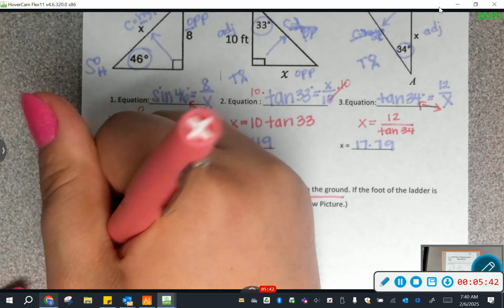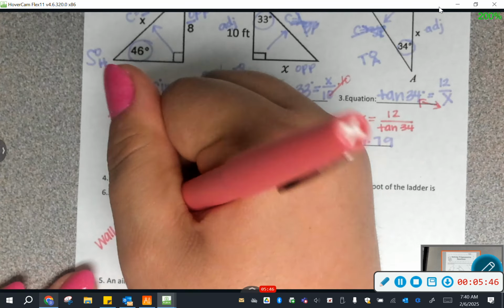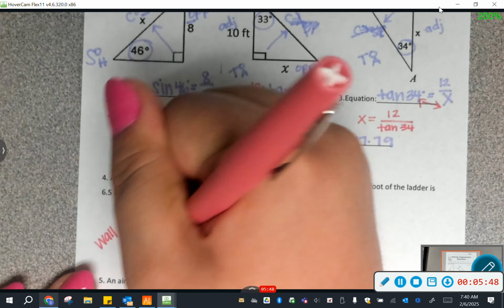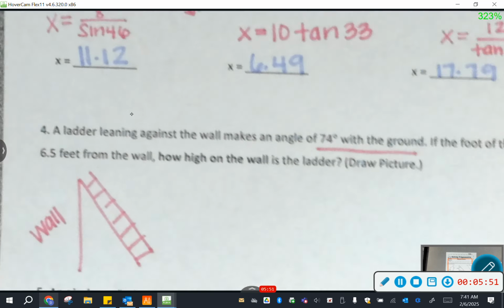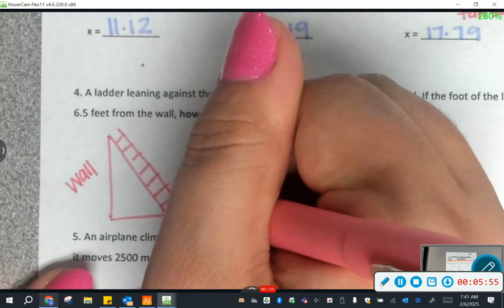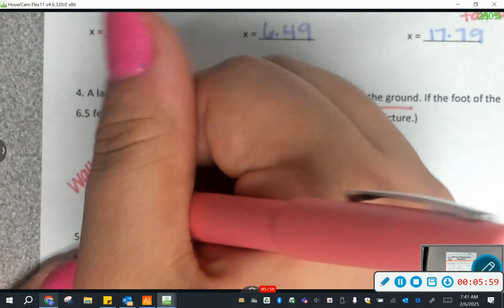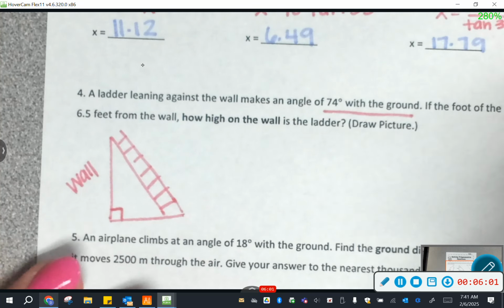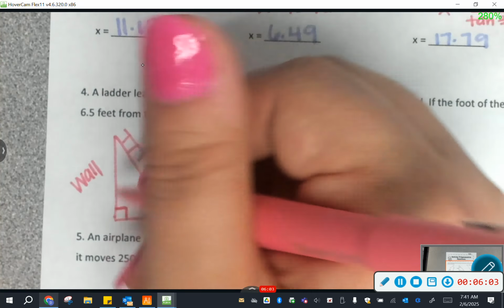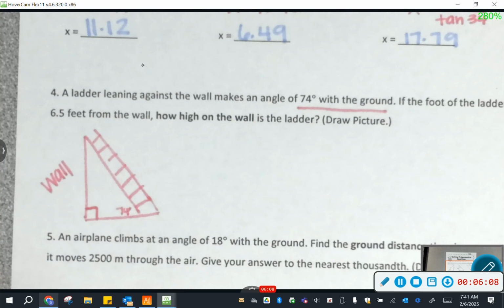So here's my wall, and here's my ladder leaning against the wall. And it's making a 74-degree angle with the ground. So I'm going to put a 90 degree right here. Where am I going to put the 74? Right next to the 90 degrees.